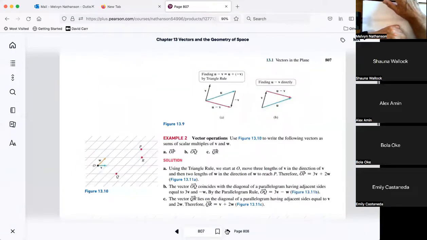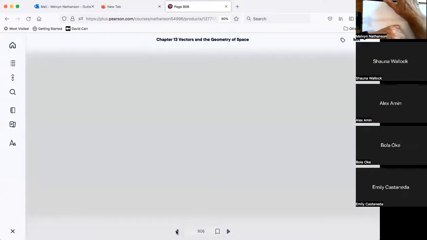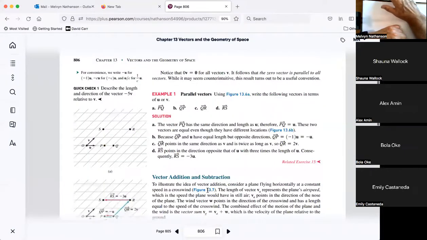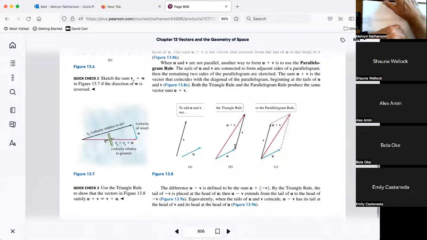There are better pictures here, but it's all the same. So here is adding two vectors. This is what it calls the triangle rule and the parallelogram rule, but of course you get exactly the same vector in both cases.